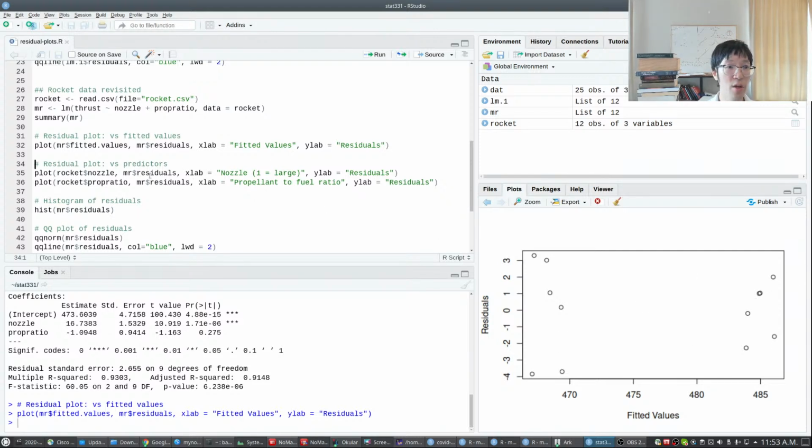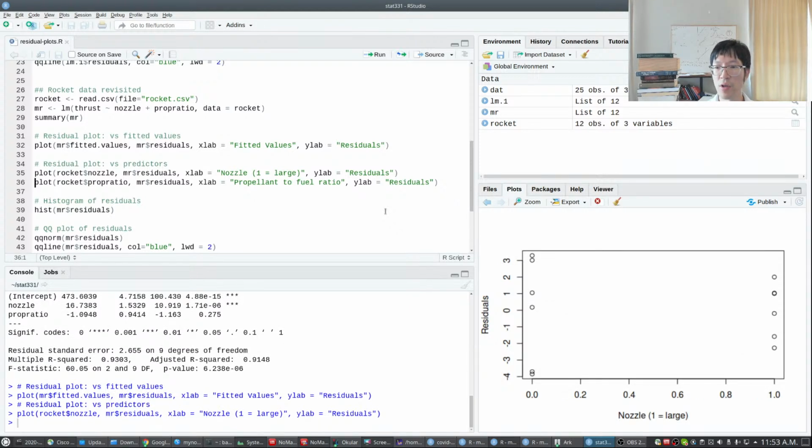We can also plot the residuals versus the predictors. So now there's two of them, the nozzle size, which is just 1 or 0, and then we also have the propellant to fuel ratio. Okay, so this one has no egregious violations here. So let's see if that's also the case with the predictors.